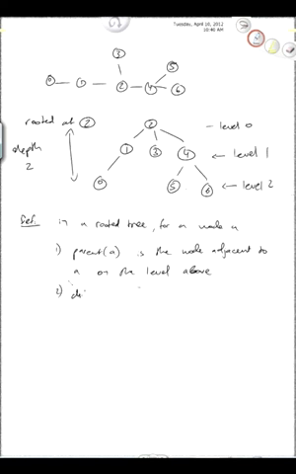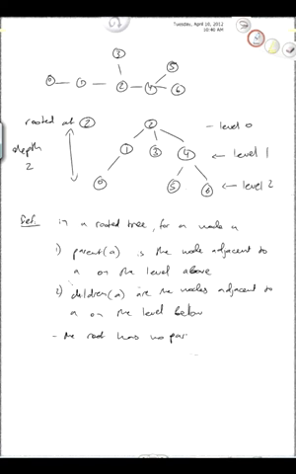And we say that the children of A are the nodes adjacent to A on the level below. And of course, the root has no parent because there aren't any levels above the root.